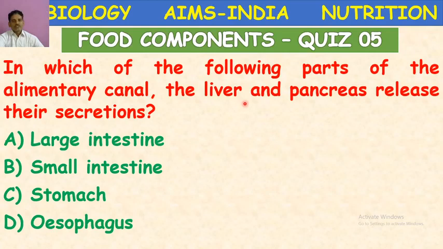The liver's bile juice opens into the duodenum through the bile duct, and the pancreatic juice opens into the duodenum through the pancreatic duct. Duodenum is present in which part? Yes, small intestine. The duodenum is the first part of the small intestine. So the secretions of the liver and pancreas open into the small intestine. Next.